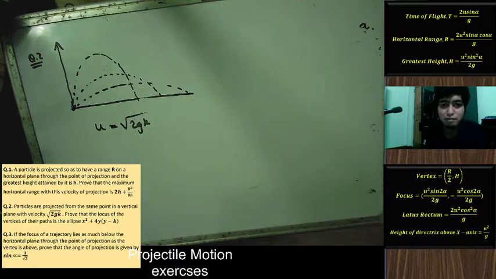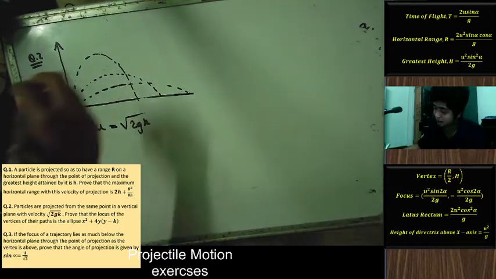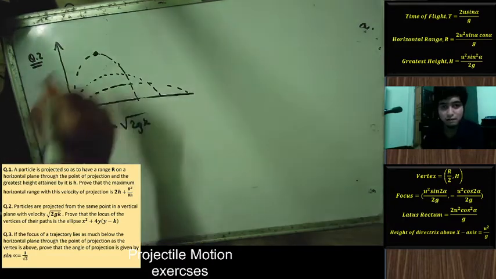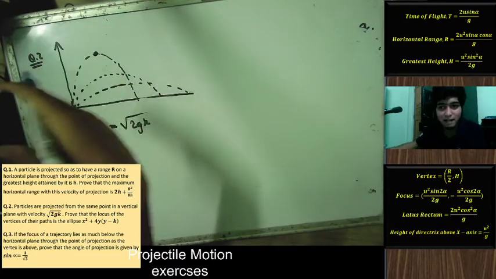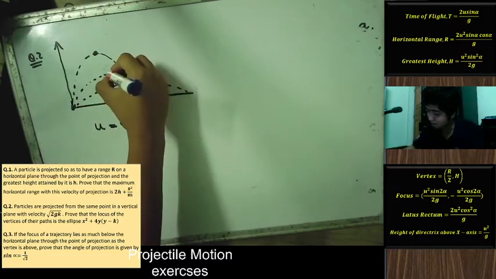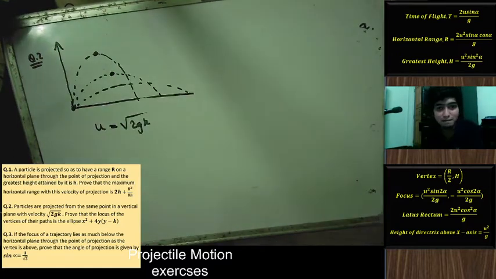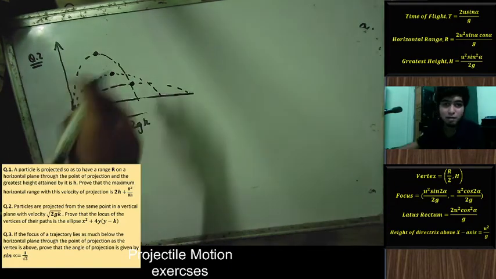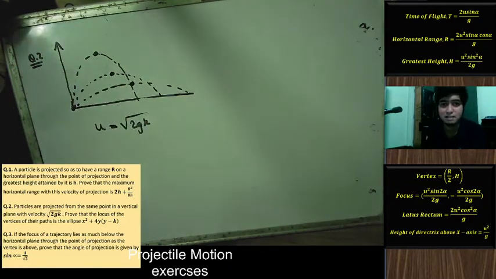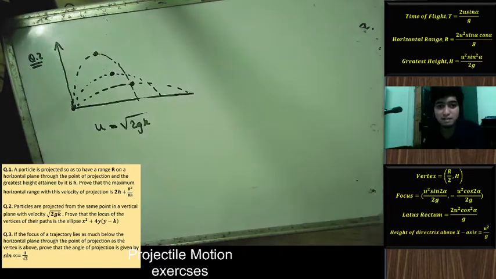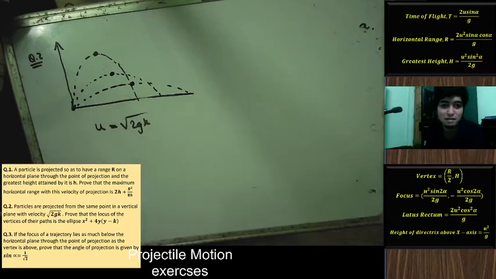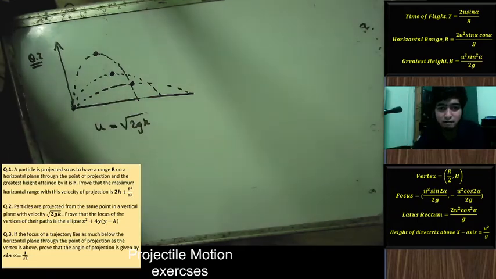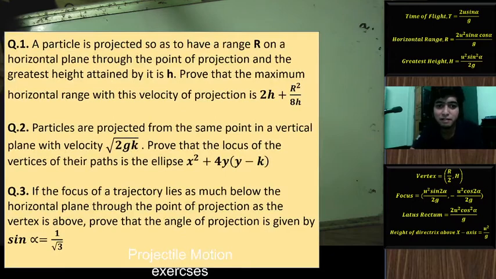Now what we have to do in this question is take a look at the vertex. The vertex of this first path is this one. Again, we can have so many paths. The vertex of this path will be somewhere over here, and the vertex of this path may be somewhere over here. We collect all these vertices. It says that if you collect all these vertices, it will form an ellipse. That is the meaning of the locus of the vertices being the ellipse.